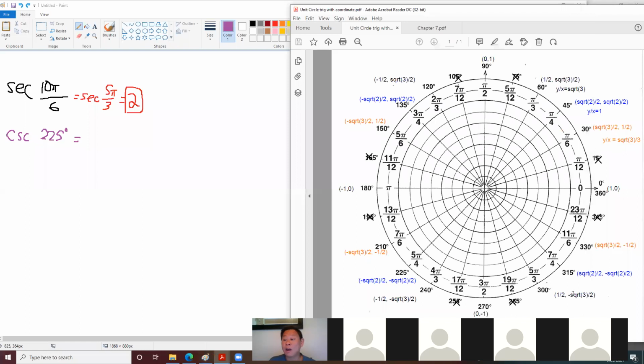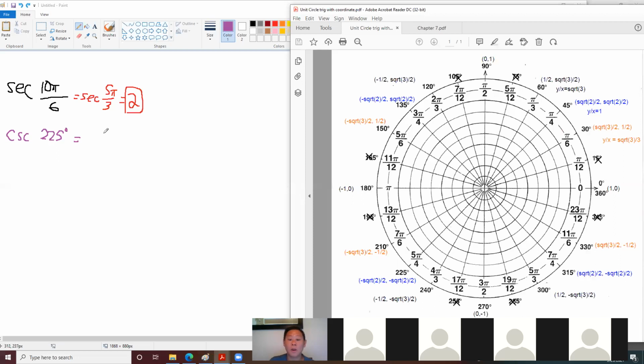No, again, we are looking for the coordinates here. So when you ask for cosecant 225, I'm asking for what is the coordinates we're using here. Oh, the negative square root of 2 over 2? But this is cosecant. Oh, so it's positive, right? Or no. You flip it.